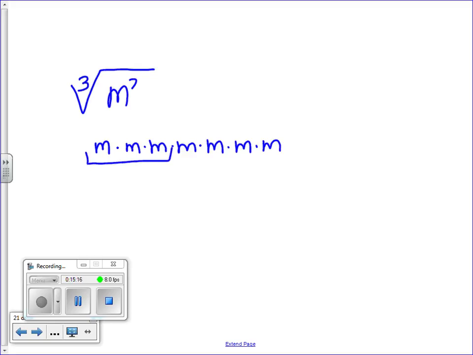So 1 M gets to come out for those 3, right? So that's 1 M. Here's another set right here, so another M gets to come out for that. And then that little fella right there doesn't get to come out. Sad Sam doesn't get to come out. So it's M times M.